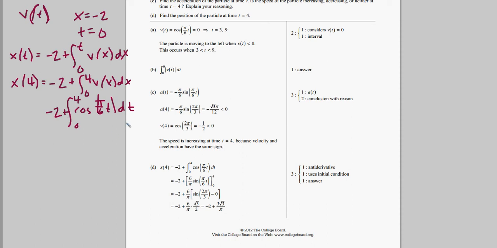And so when I'm finding an antiderivative for that, I'm going to have to use u du substitution. In my problem, I'm going to make my u pi over 6 t. So my du is just going to be pi over 6 dt, which means I need a pi over 6 in here, which means I need a 6 over pi out front.